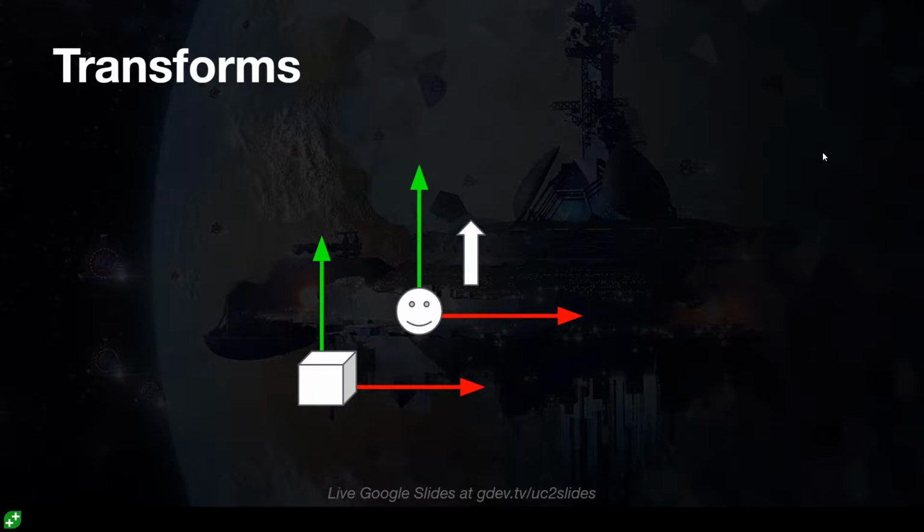Well, here's a kind of toy example. We've got the cube here, which say is our base. It's the center of our world or something. So that's going to be our world space. We've got this character here, the little smiley face, and he's got a position in the world relative to his home base. And then this character has a gun, and the gun has a position relative to the character.